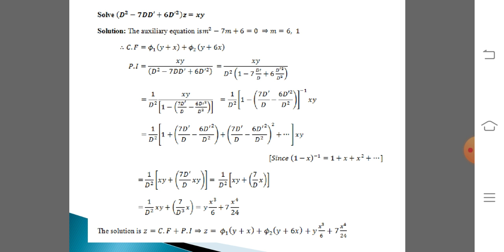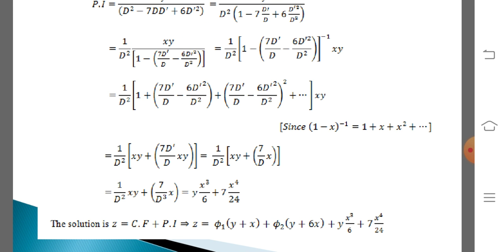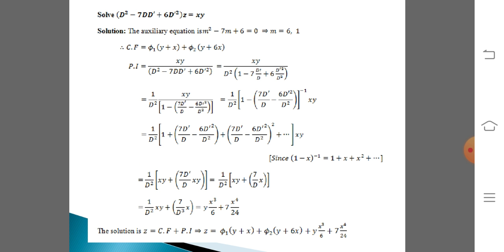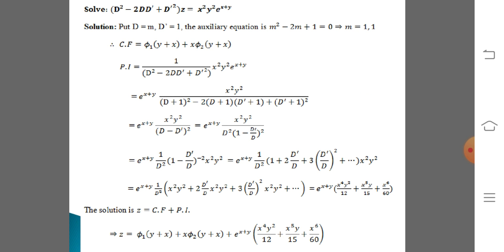Therefore, the solution is z equal to CF plus PI, that is z equal to phi 1 of y plus x plus phi 2 of y plus 6x plus y x cube by 6 plus 7 x power 4 by 24. This is the particular integral plus CF. So, this is the final solution for this partial differential equation.